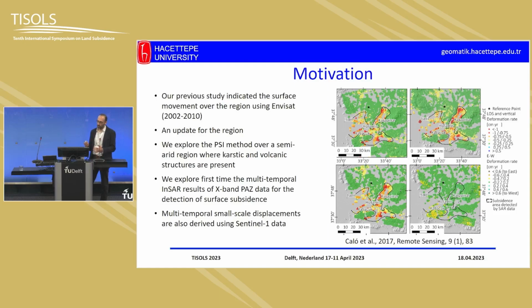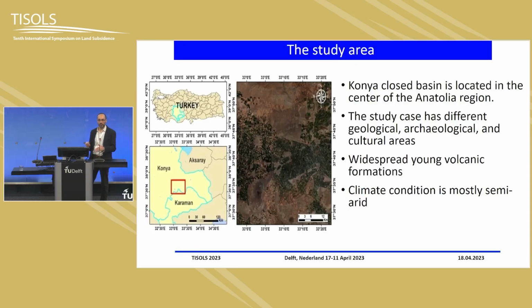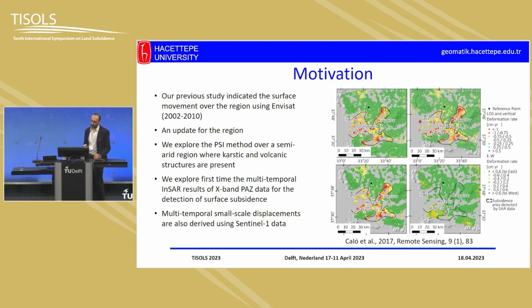ENVISAT showed displacement of about 15 millimeters per year, mostly vertically dominated. Here we are going to use PAZ data, a relatively new dataset, and also check Sentinel results.